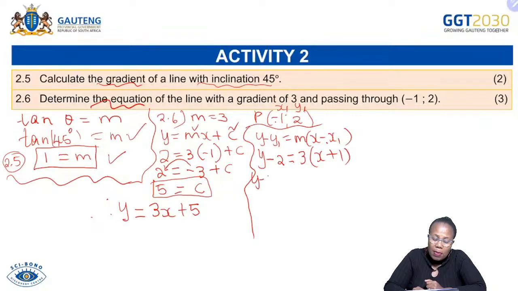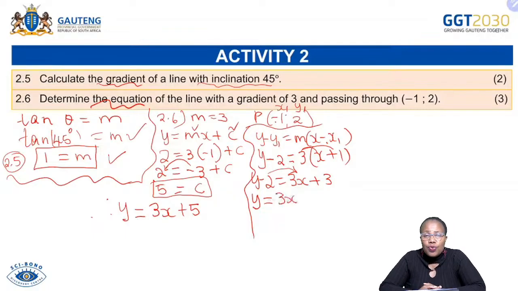Then we have y - 2, we are multiplying 3 in here. It will be 3 times x, which is 3x, 3 times 1, which is 3. Then we transpose -2 to this side, you'll end up with y only on the left, and then we have 3x on the right. -2 to the right will be +2. So +2 plus 3 is +5.